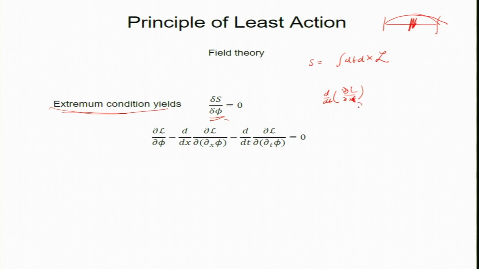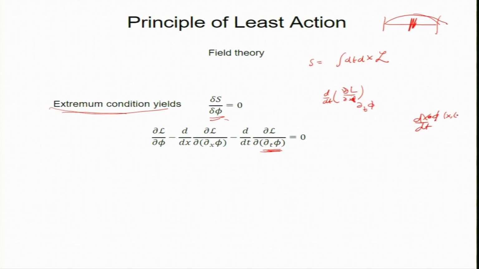This x dot will be replaced by partial t phi. So, this is partial t phi, right. That was the position time derivative. Now, I have the field time derivative, which is with respect to time. So, this part looks similar to the particle time derivative, but it was only dx by dt that time, right. x was only a function of time, but this x is replaced by phi.